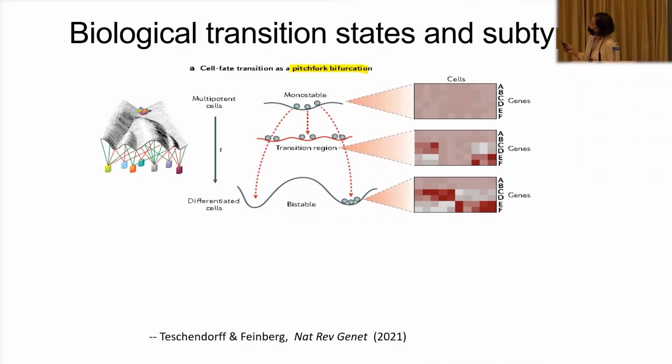The transition states currently popular in the biological field are two types, as reviewed last year. One is talking about pitchfork transition. That means the earlier state can be translated to multiple options, and these subsequent multiple options have a little competition.